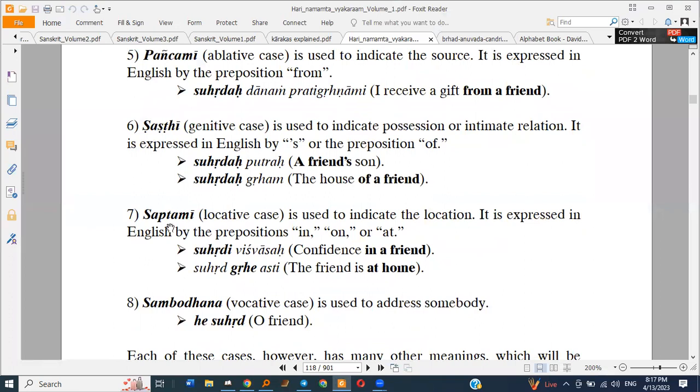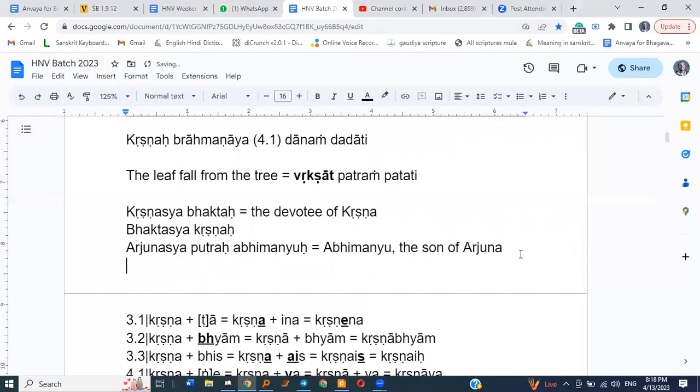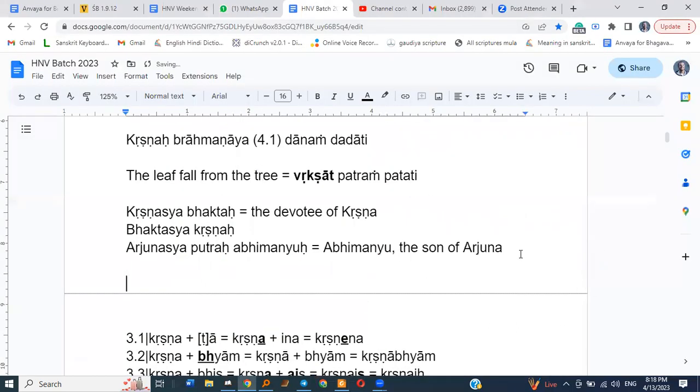Then the seventh case is locative case, which is used to indicate the location. It is expressed in English by the prepositions in, on, or at. So location, for example, Krishna Vrindavane Vasati.